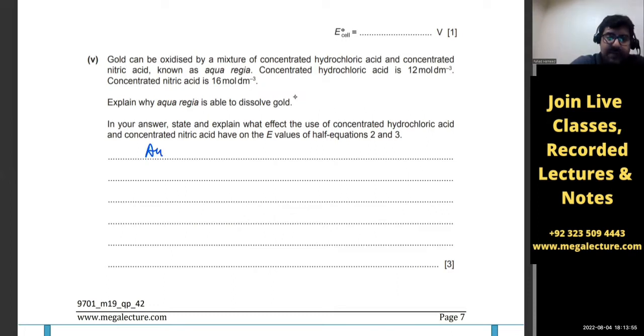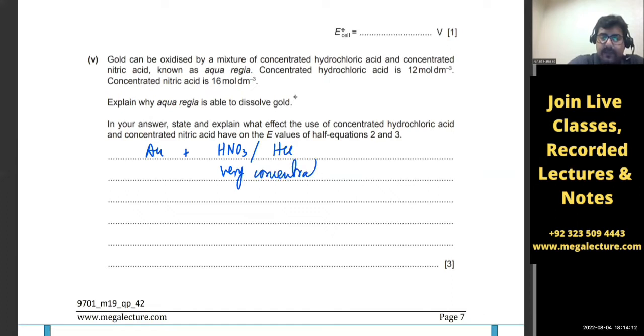Ki jo gold hai na, if you use nitric acid and you use hydrochloric acid, right? And in very concentrated amounts. So he says that this is aqua regia, right?